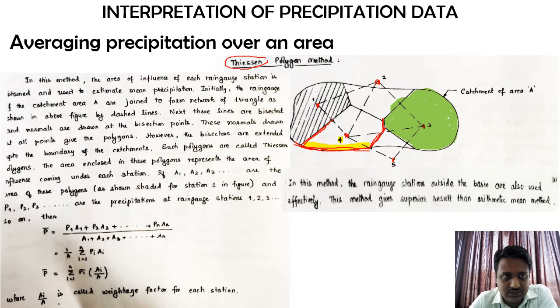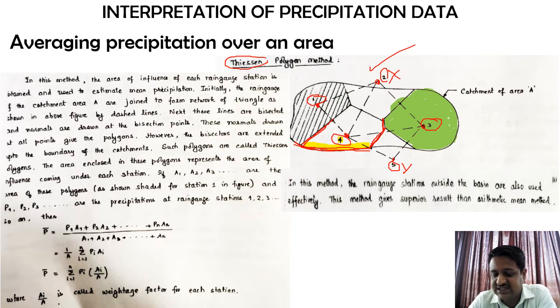Fine. Now if I try to explain with respect to these two, for this catchment area, if I see how many rain gauge stations there are, there are 3, that is rain gauge station 1, rain gauge station 3 and rain gauge station 4. So 2 and 5 are outside our catchment area, so let us not consider those two.